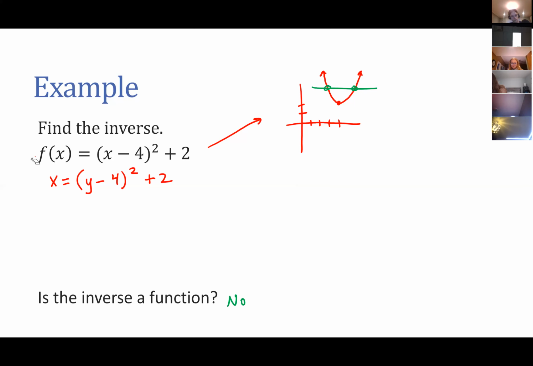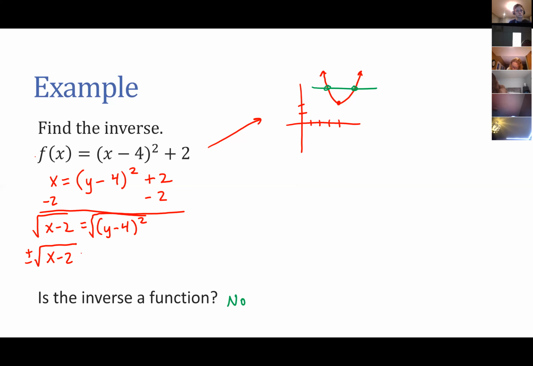So then I'm going to subtract 2 from both sides to try to get my y by itself. So I've got x minus 2 equals (y minus 4) squared. Then to keep working towards getting my y by itself, I'm going to square root both sides. That's going to create a plus or minus. So plus or minus square root of x minus 2 equals y minus 4.